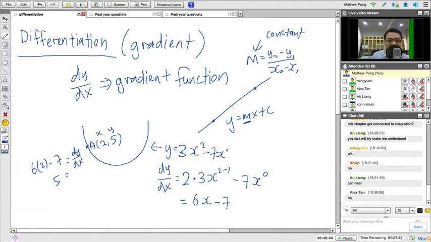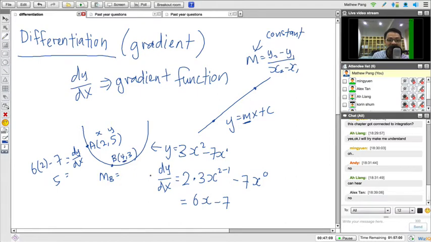So you can see that dy/dx keeps on changing. Let's say this is coordinate B, which I randomly give as (4, 3). If I want to find the gradient at B, it is my dy/dx when x equals 4.